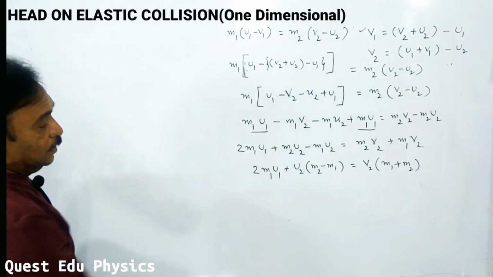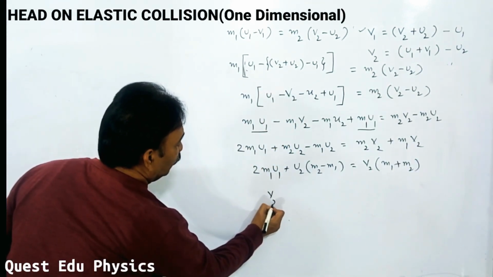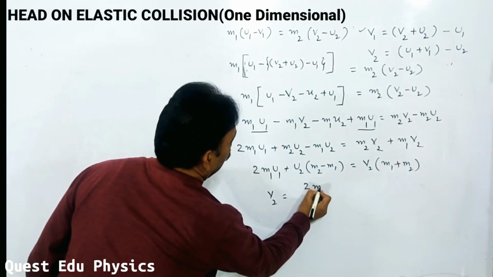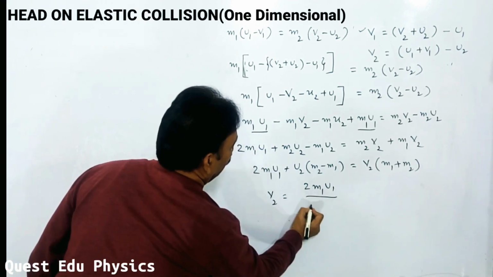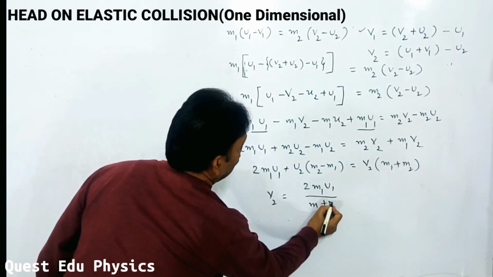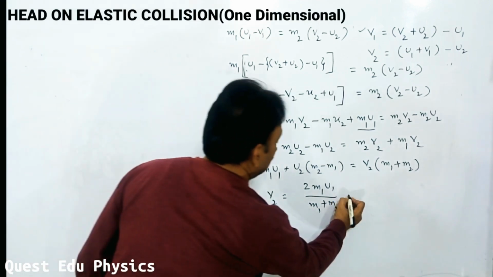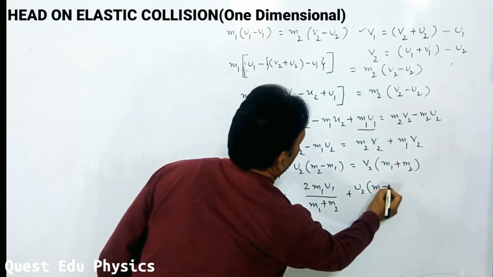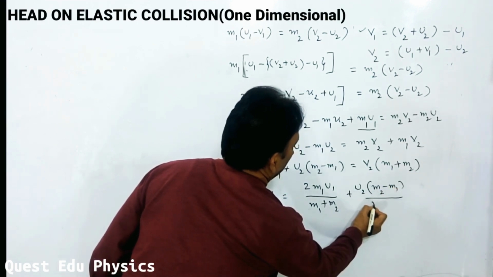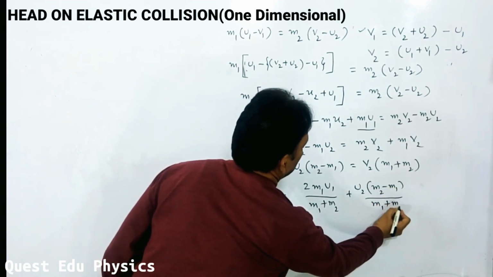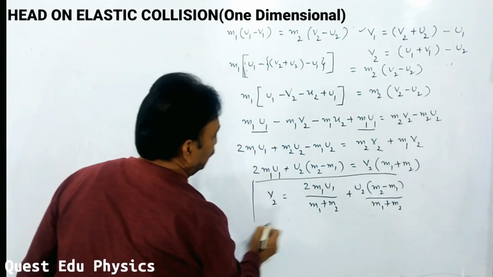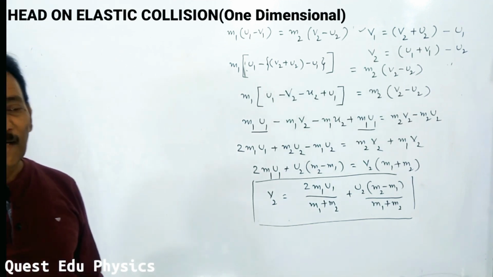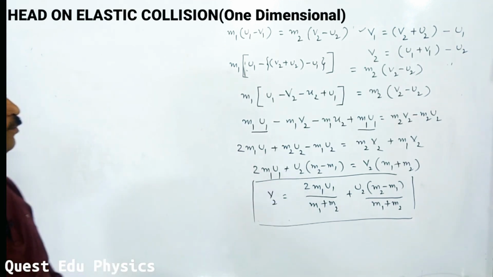Then it can be written as v2, the final velocity, is equal to 2m1 u1 by m1 plus m2 plus u2 of m2 minus m1 by m1 plus m2. It is the desired relation, students, for the final velocity in terms of mass.